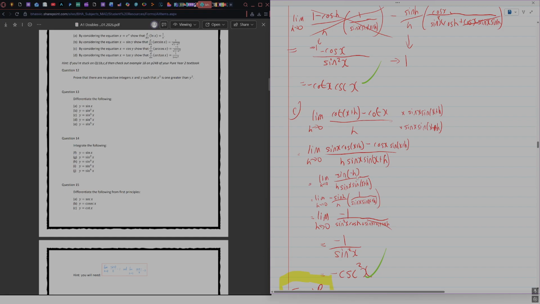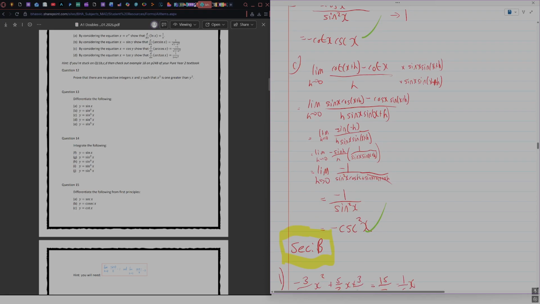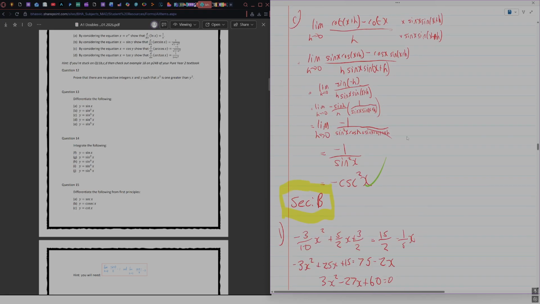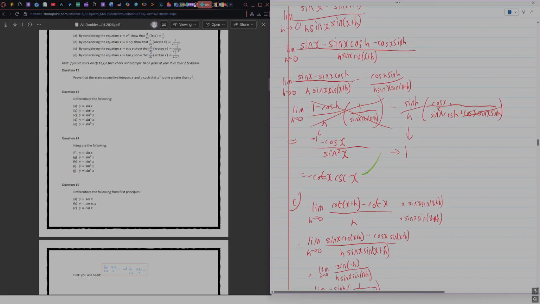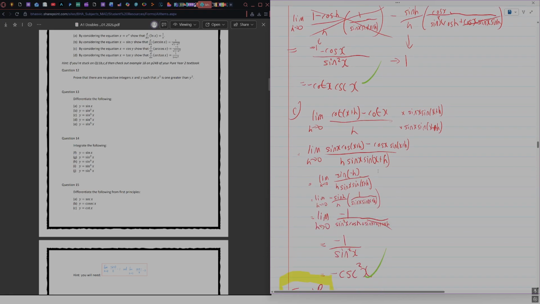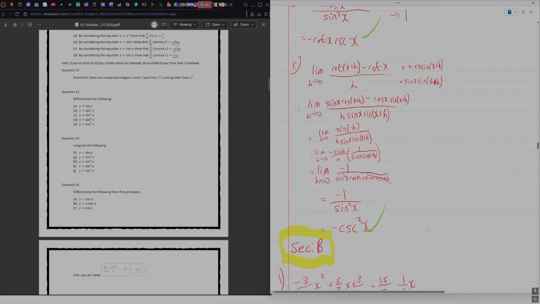And then after that you can factorize sine h over h out, and that will turn into what you want. Literally instantly, because this will cancel out just like in the previous ones where the denominator fully cancels, or part of the denominator cancels, and it will just turn into cosec squared, which is what you want, or negative cosec squared. There's probably a few ways you could do these.